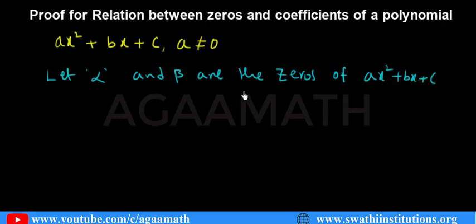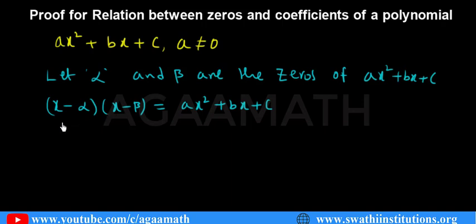If alpha and beta are the zeros of ax square plus bx plus c, it means x minus alpha and x minus beta are the factors of ax square plus bx plus c.